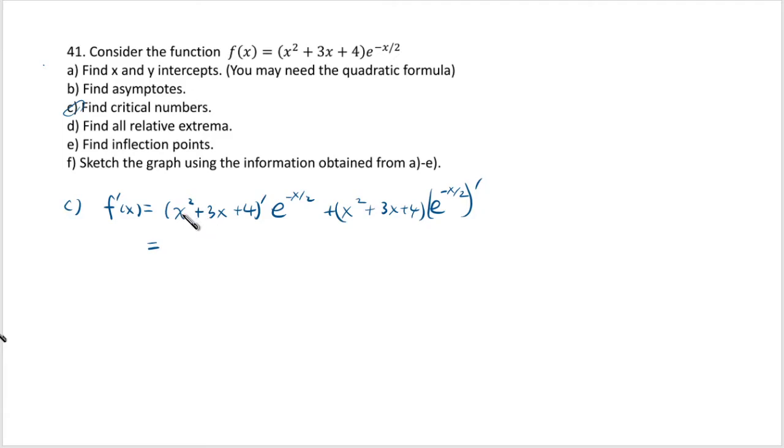And this is 2x plus 3. And then for this one, if you differentiate e to the x, it's e to the x, so it's the same thing, but because negative x over 2 is nested inside, you need to make a copy of it and differentiate.